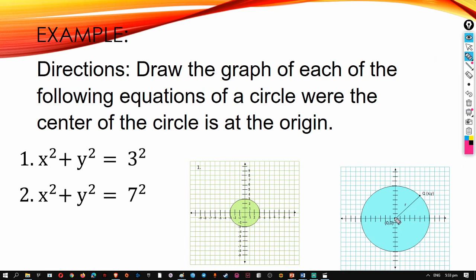So, bale, 1, 2, 3, 4, 5, 6, 7 to the left. 1, 2, 3, 4, 5, 6, 7 to the right. 1, 2, 3, 4, 5, 6, 7 above. 1, 2, 3, 4, 5, 6, 7 below. So, tapos, magdo-drawing din kayo ng smooth curve around the circle.